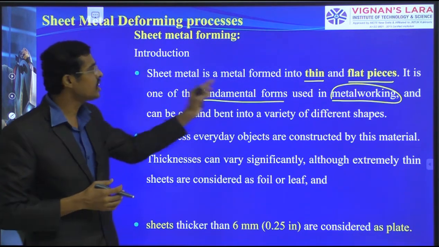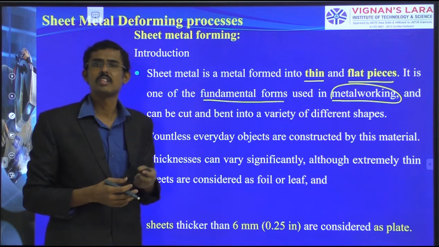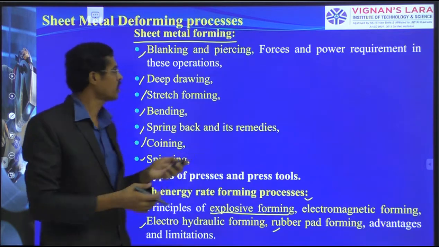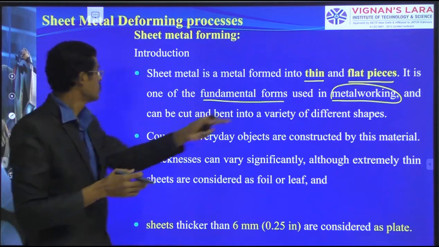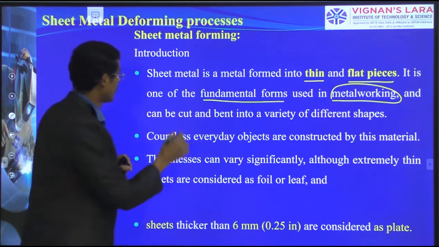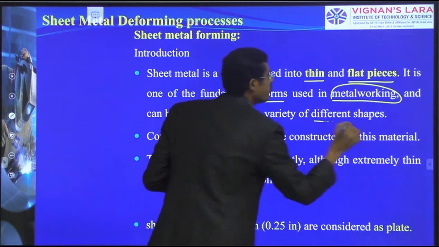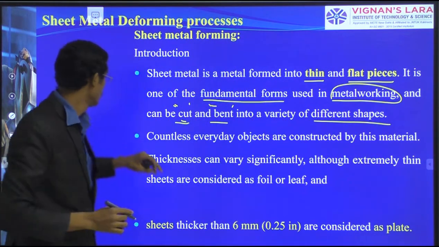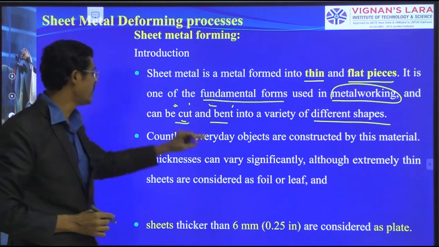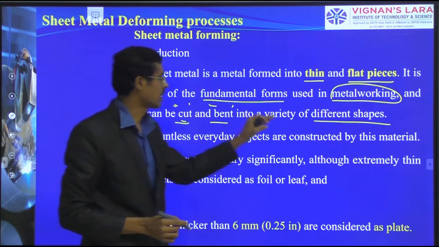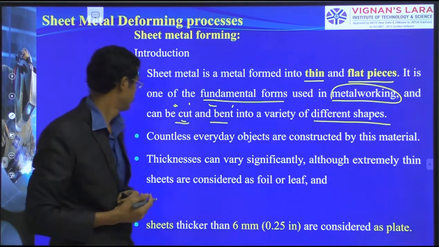Therefore, thinning into these flat specimens is the oldest method. It can be cut and bent into a variety of different shapes. Countless everyday objects are constructed from this material.